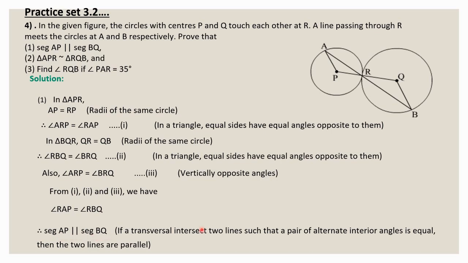The reason being, if a transversal intersects two lines such that a pair of alternate angles is equal, then the two lines are parallel. So AB is a transversal and it intersects the two lines at a pair of alternate interior angles, hence they are equal. Therefore, AP should be parallel to QB.